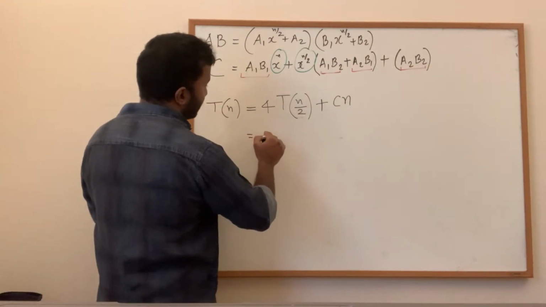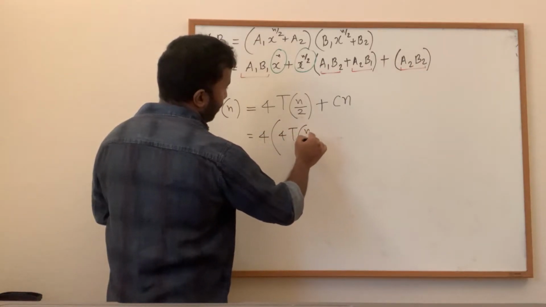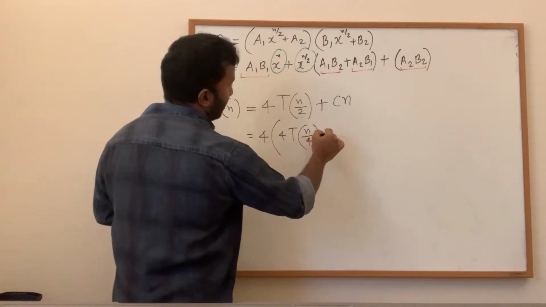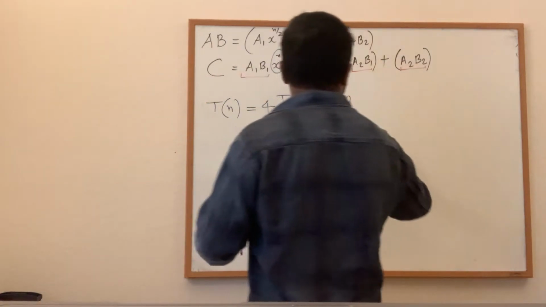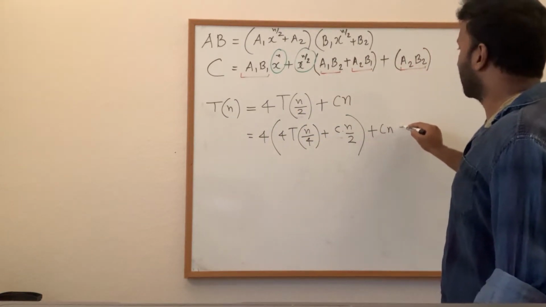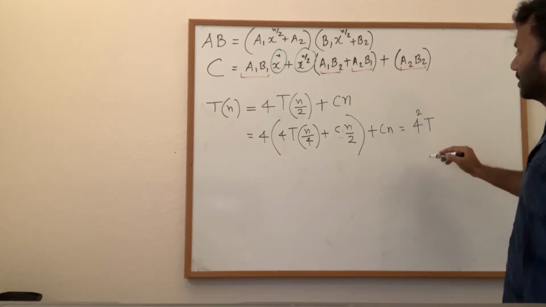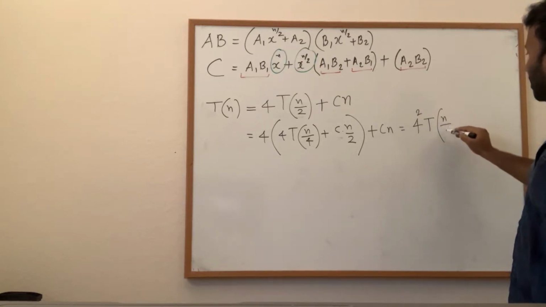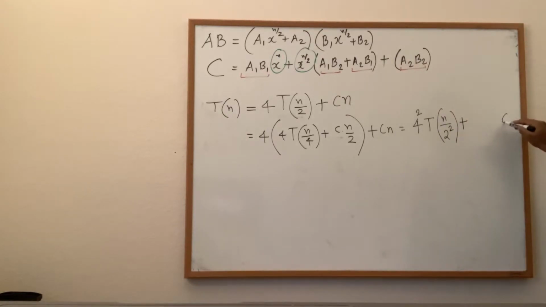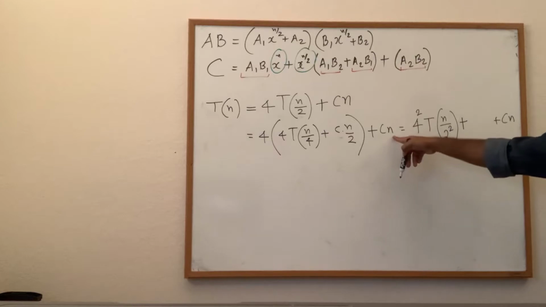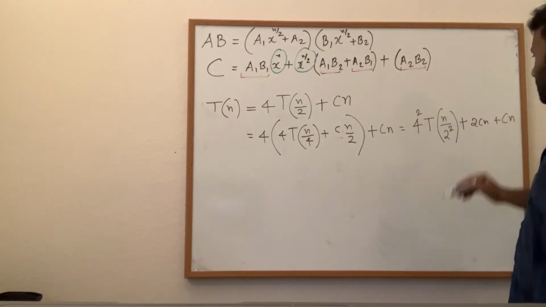So what you can do is, this you can make as 4 times 4 T of n over 4 plus c n over 2, plus cn. If you do this, this will become 4 square T of n divided by 2 square, plus there is going to be a cn at the end, which is this cn, 4 times cn over 2, so that is 2cn.